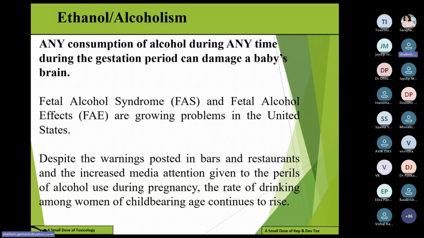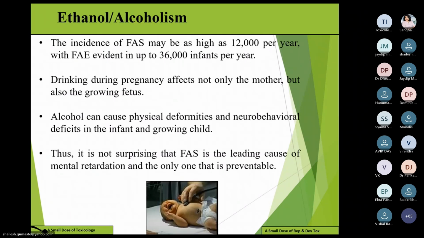Despite warnings posted in bars and restaurants and the increased media attention given to the dangers of alcohol use during pregnancy, the rate of drinking among women of childbearing age continues to rise. The incidence of fetal alcohol syndrome may be as high as 12,000 per year, with fetal alcohol effects in up to 36 infants per year.